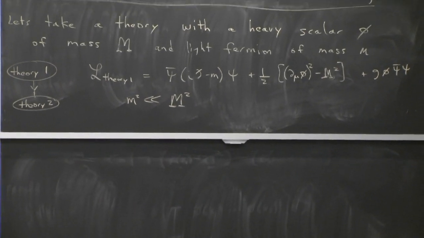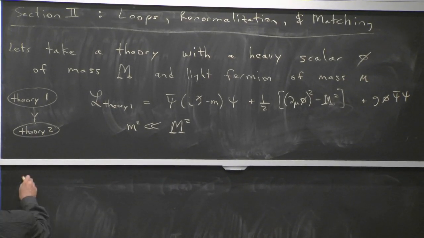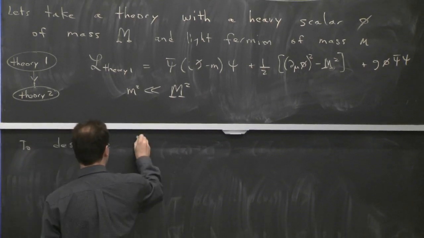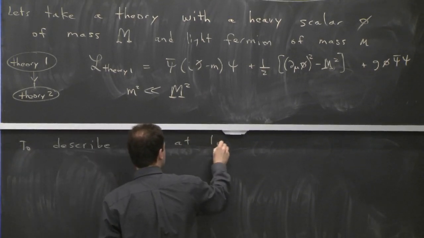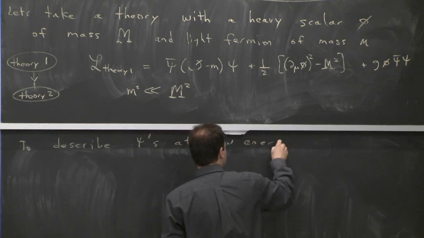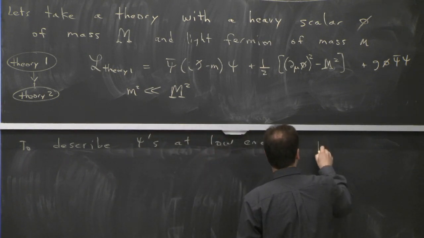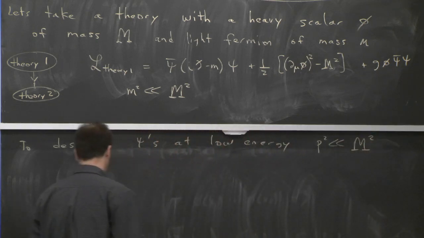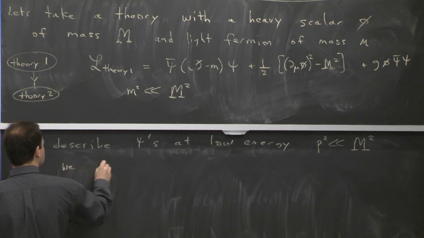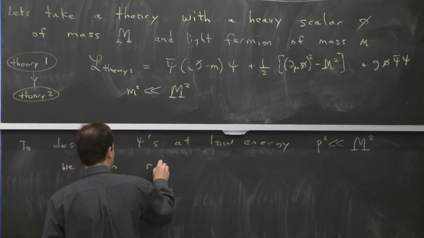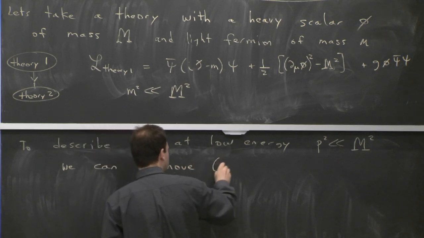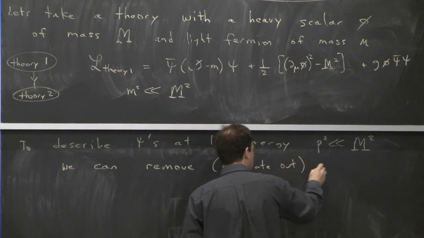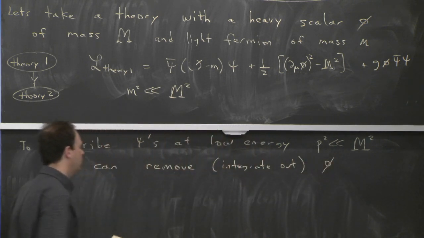So then we want to think about describing psi at low energies. And that means we can get rid of the scalar as an explicit degree of freedom. So low energies relative to this mass scale, which is heavy, M, capital M. We're going to remove the scalar from the theory.